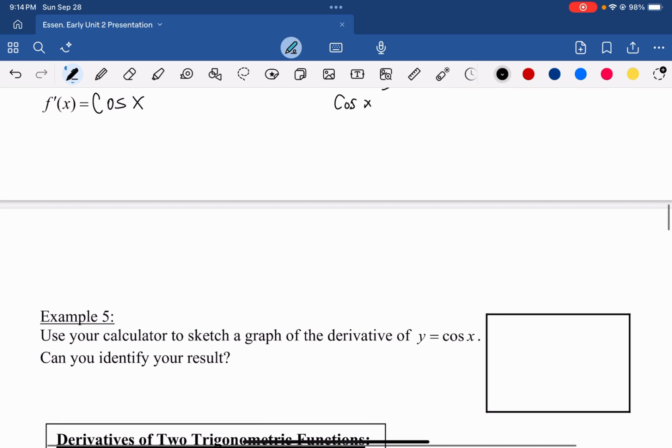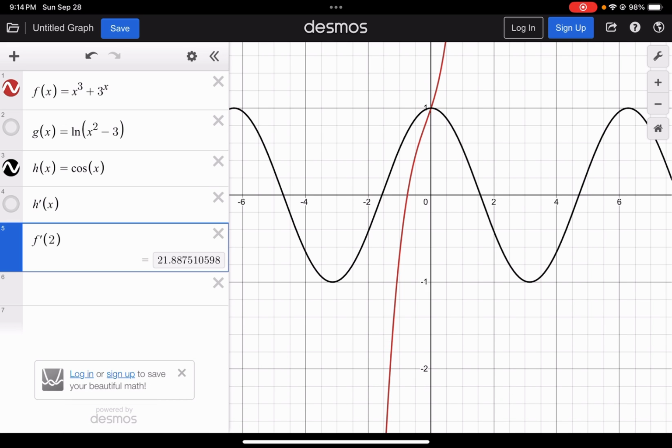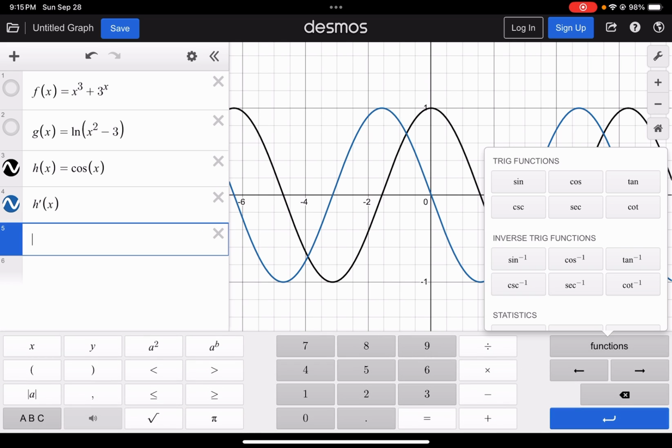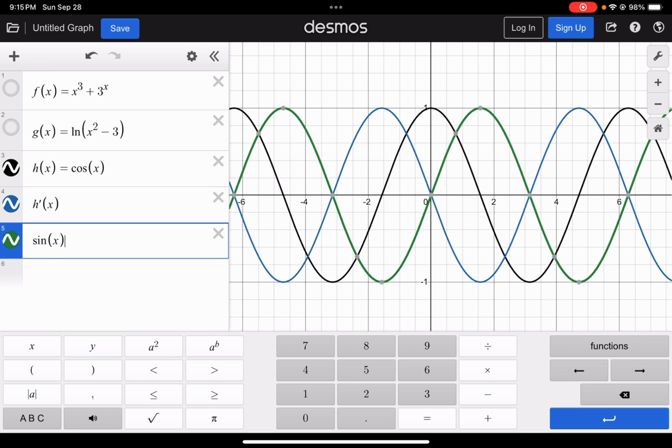Example 5: use your calculator to sketch the graph of the derivative of y equals cosine x, and then identify the result. I'm going to go back to Desmos. I've got my cosine x graph here, and I'm going to have it graph my derivative. We can see that it's shifted. I'm going to graph sine of x in here.